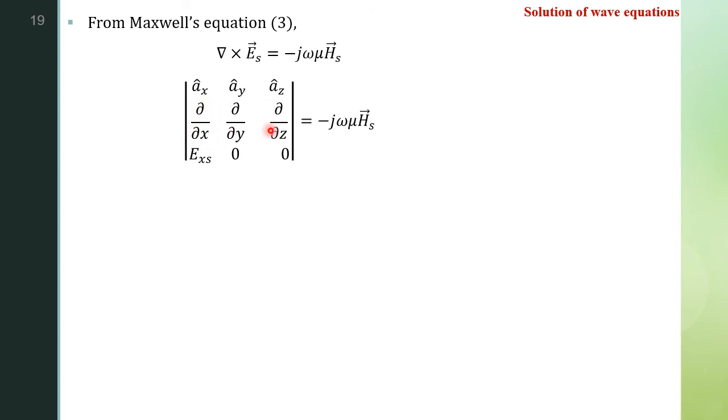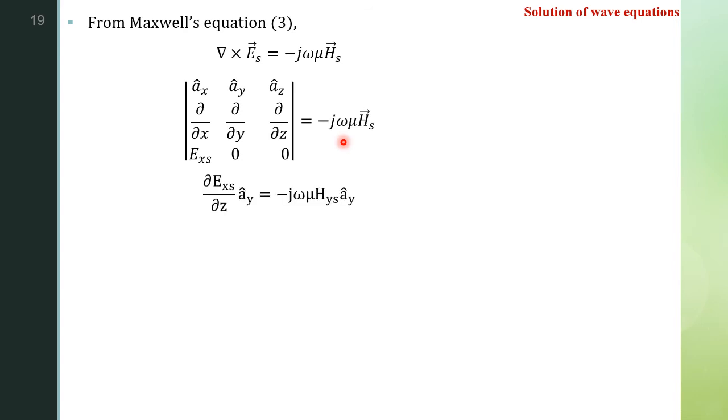The first row will be the derivatives since it is a del operator: dou by dou x, dou by dou y, dou by dou z. The electric field intensity vector has amplitude only in x direction, so it is Exs, 0, 0 since it has no amplitude in y and z. And this is equal to minus j omega mu into Hs.